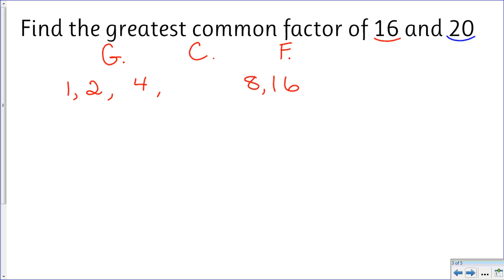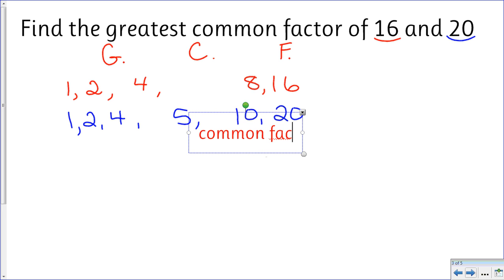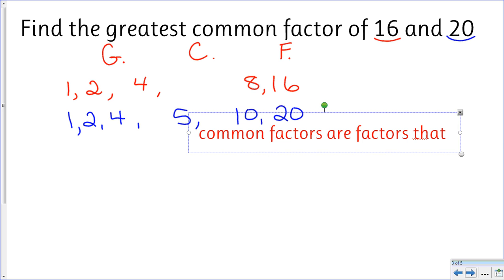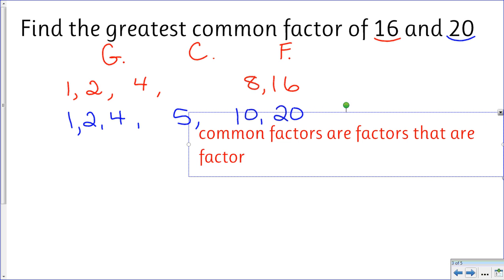Looking at the factors of 20, we have 1 multiplied by 20, 2 multiplied by 10, and 4 multiplied by 5. Common factors are factors that appear in the factors of both numbers.